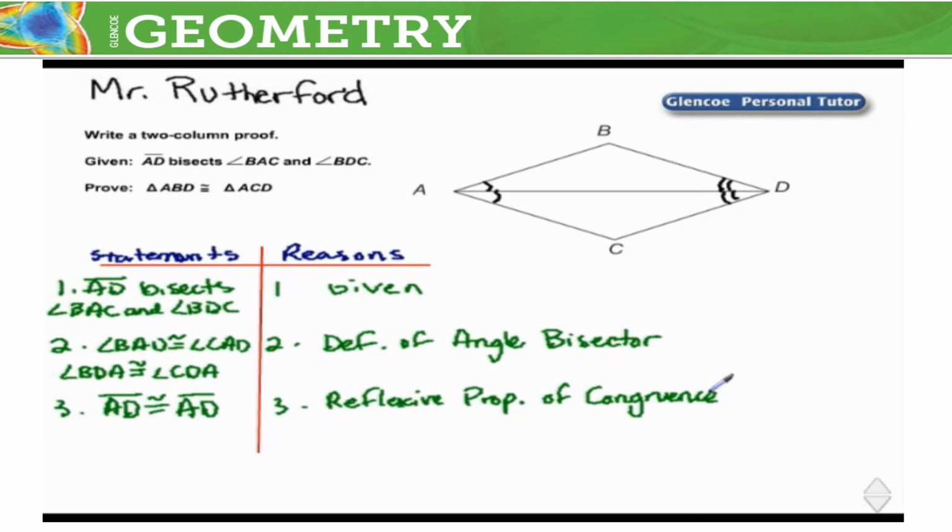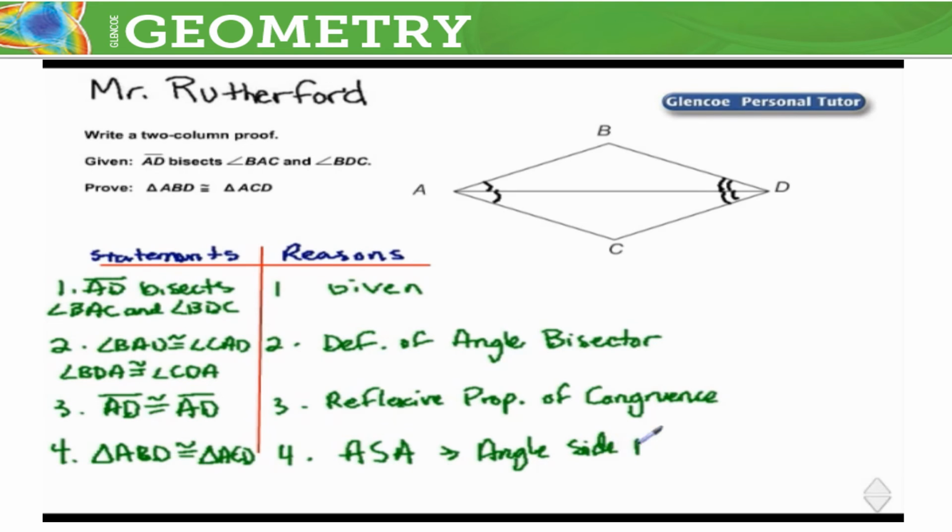So finally, our fourth statement will be to say triangle ABD is congruent to triangle ACD. And our reason is going to be the angle side angle postulate. And this can be abbreviated with the letters ASA. So now you've learned to write a two-column proof.